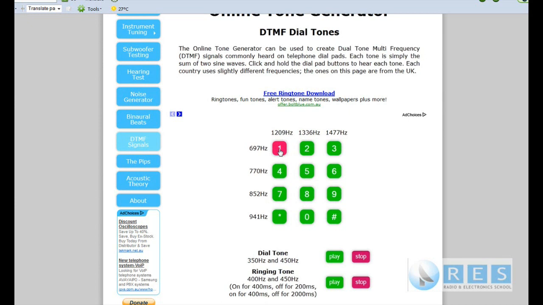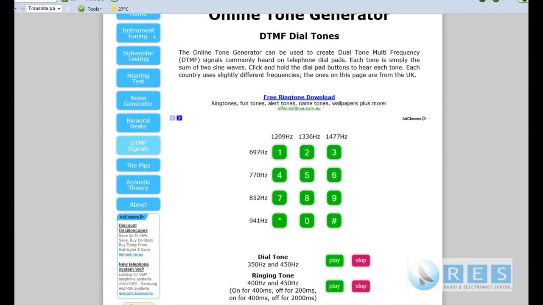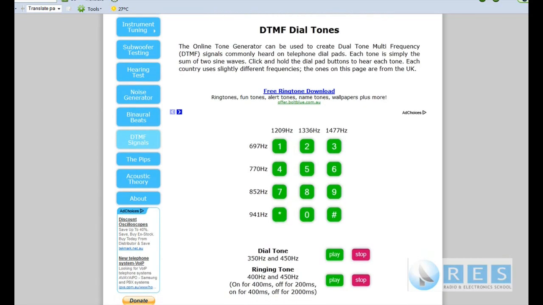I hope you can hear that. That's what they sound like, just the sounds on a telephone, and they are used to switch repeaters, connect them to one another, and to interrogate repeaters for information about their power, temperature, wind speed, and things like that. That's all you need to know about DTMF tones.